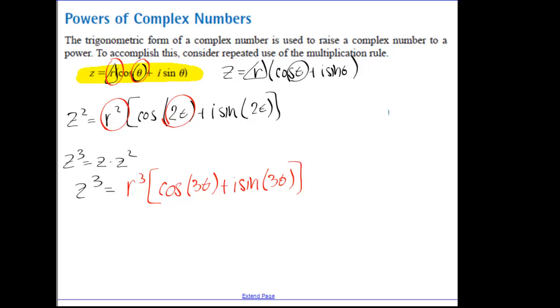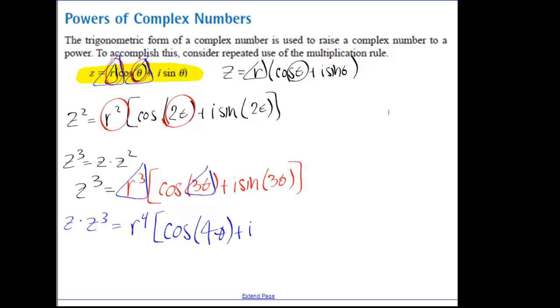Let's do it one more time. For z to the 4th, we could have z times z cubed, so r times r cubed is r to the 4th, open bracket, cosine, add your arguments, theta plus 3 theta is 4 theta, plus i sine of 4 theta.